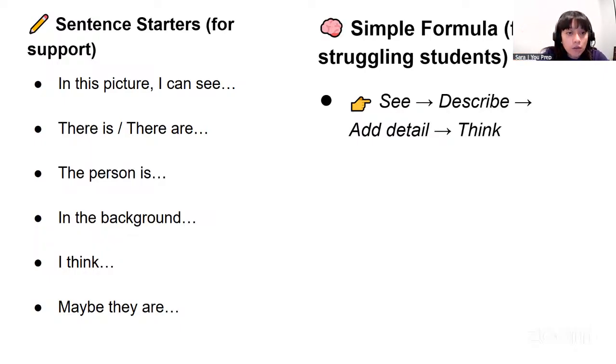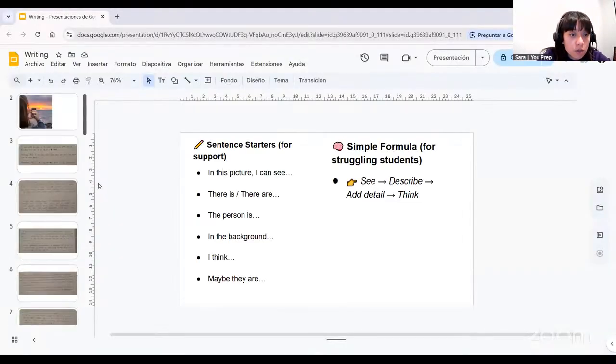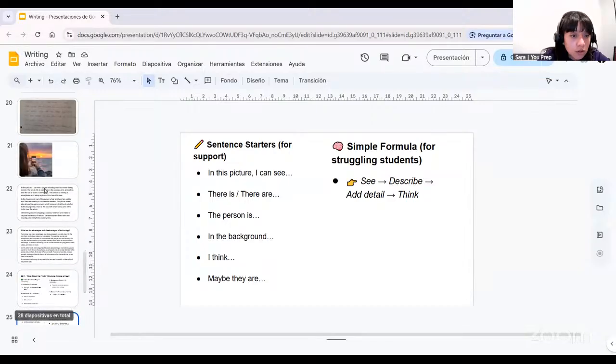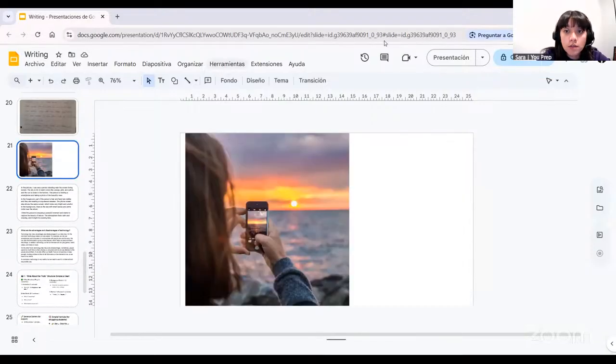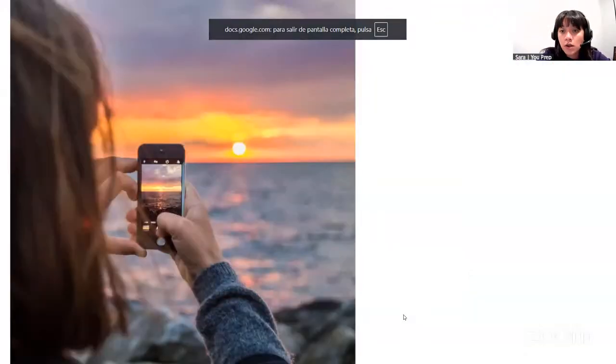And I have an easy example here. Where's my sample? Here. So this is the picture I have. In general, we can say it's a sunset near the ocean probably, and a person taking a picture.